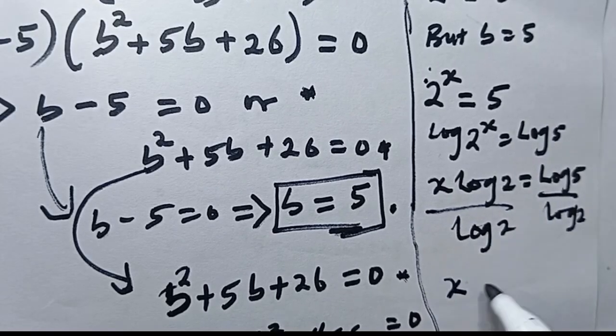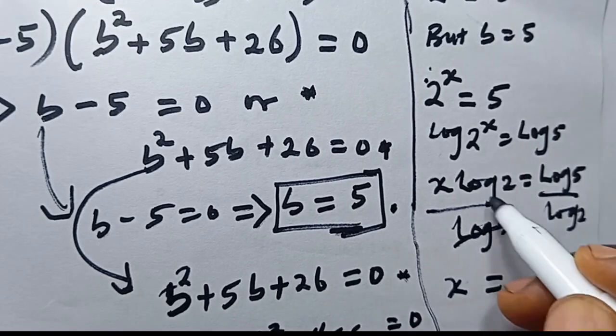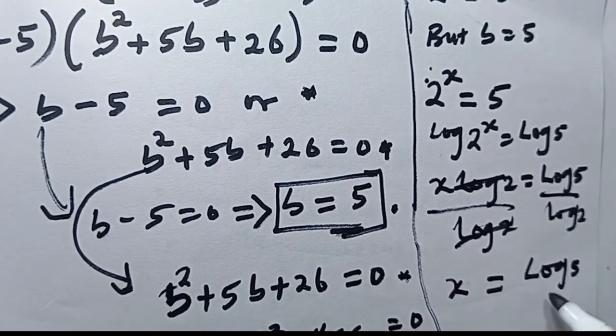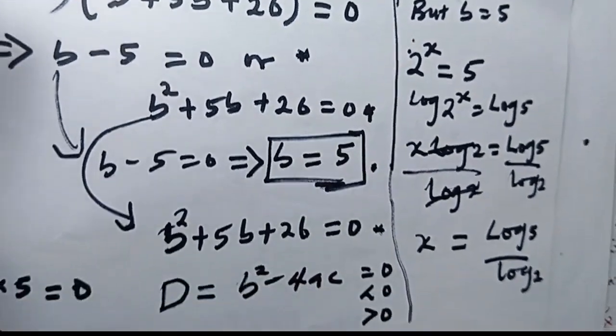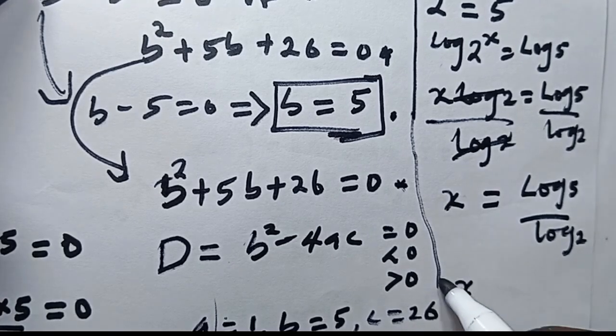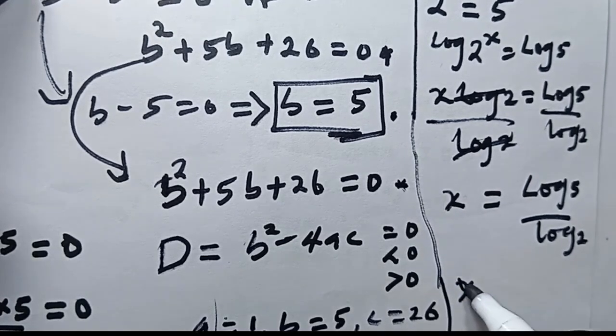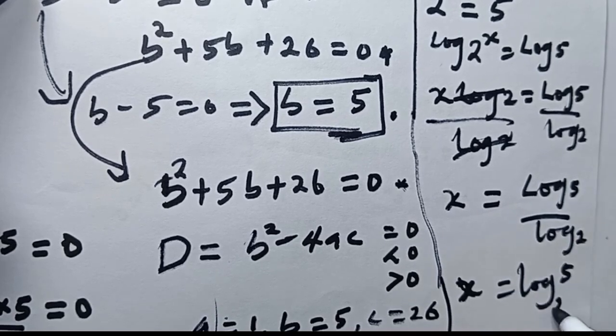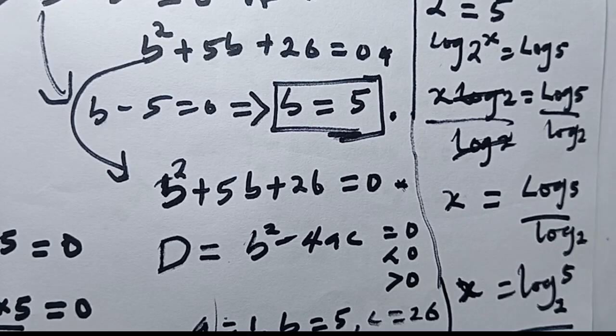And then when we do that, this can cancel this, so x will be equal to log 5 divided by log 2, which we can also decide to write as x equal to log 5 base 2.